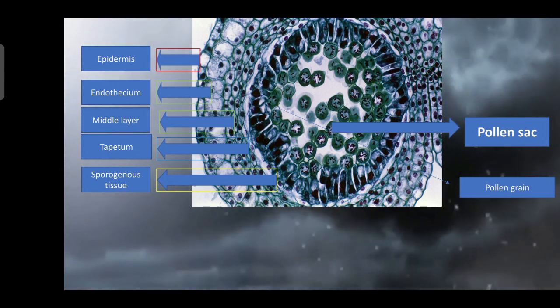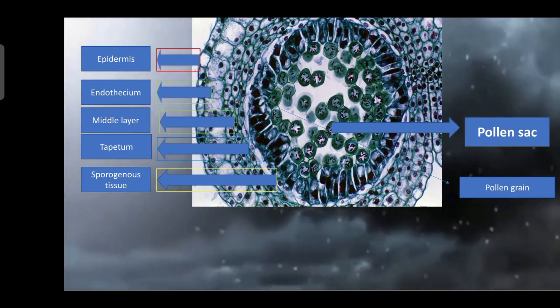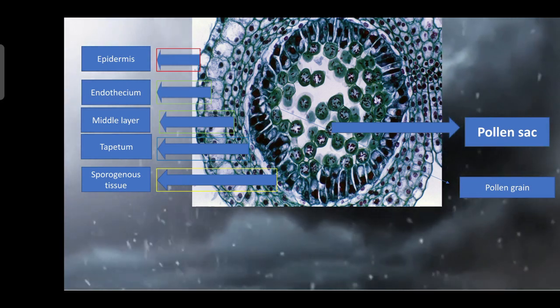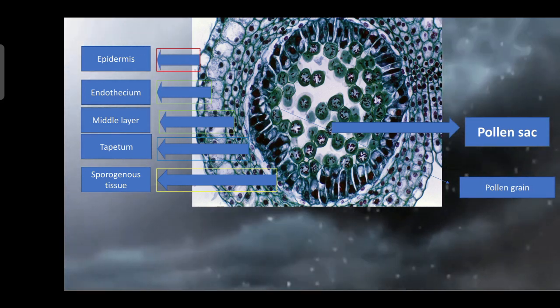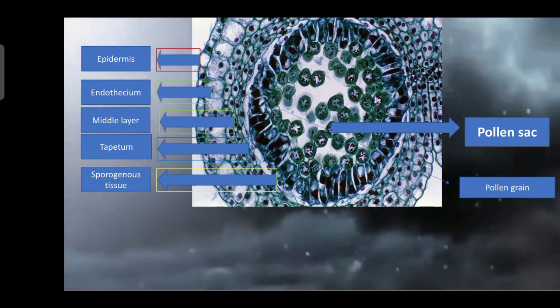So what does the tapetum do? There are multiple functions. The first function is they nourish the developing pollen grains by giving some nutrients. Number 2, they secrete an enzyme called callase enzyme.